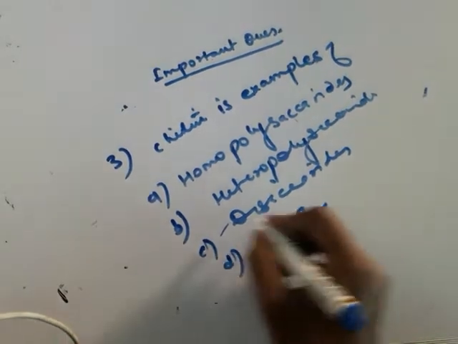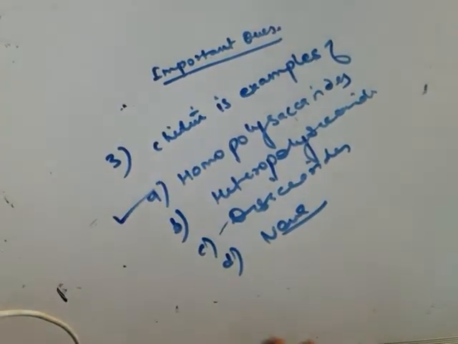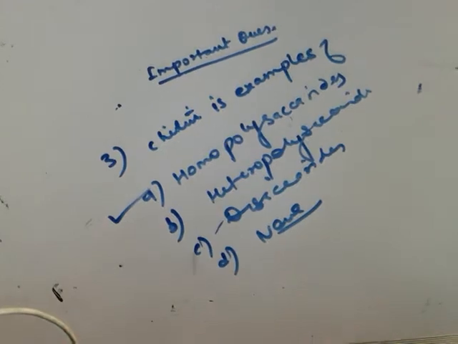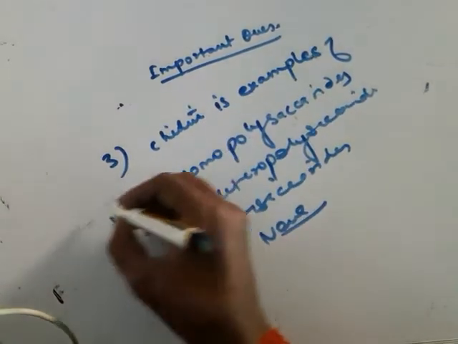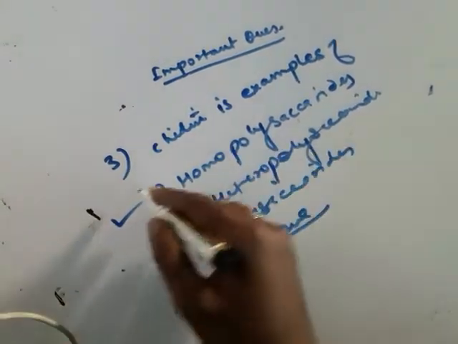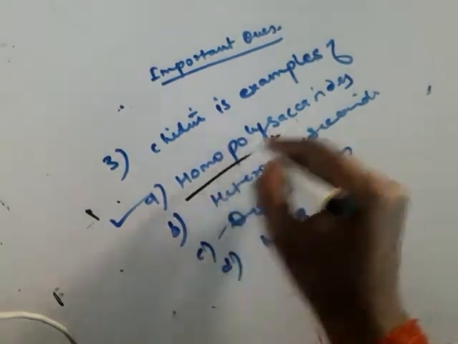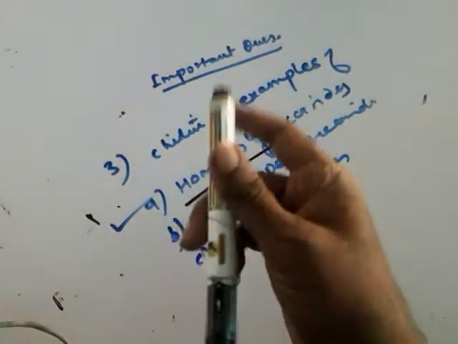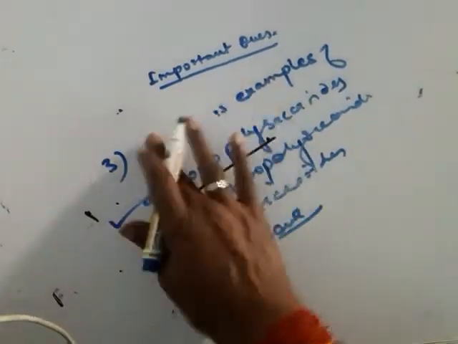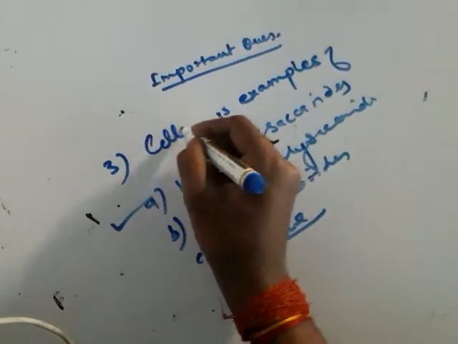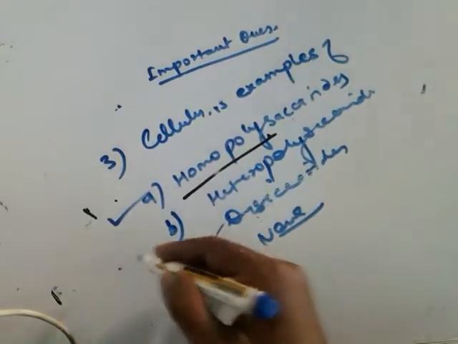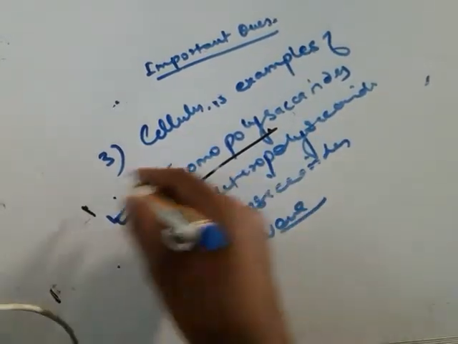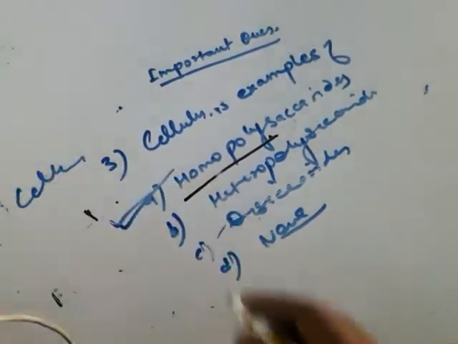What is the right answer? Homopolysaccharide, because chitin is an example of polysaccharides, specifically homopolysaccharides. Similarly, a question can be asked like: cellulose is an example of what? Homopolysaccharide, because cellulose and chitin are the same members, homopolysaccharides.